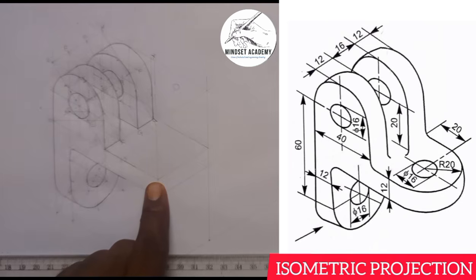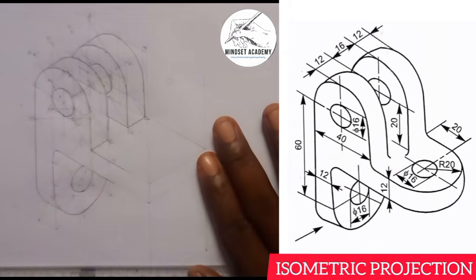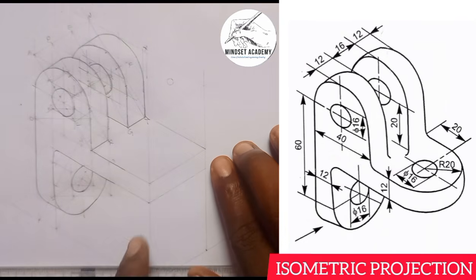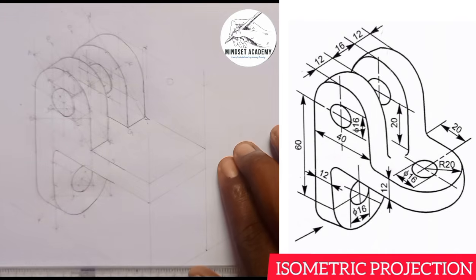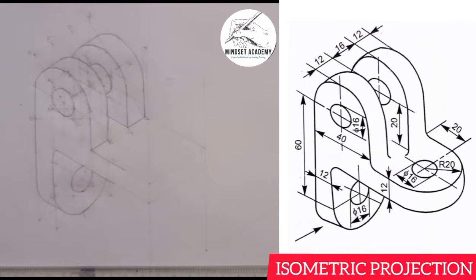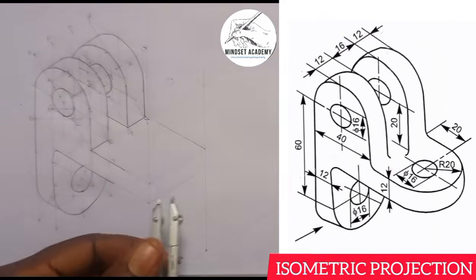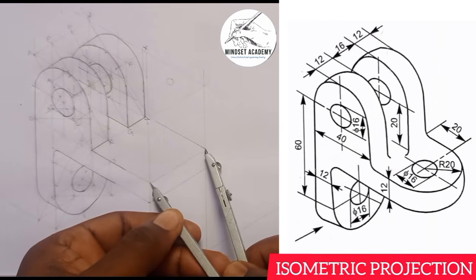Let me take it up so you get a good picture about what I want to do. So in doing that, we know that from here to here is 40, right? So I am going to take half of it, which is 20. So let's do that. But before then, I'll just take the radius of this to this, which is 40.